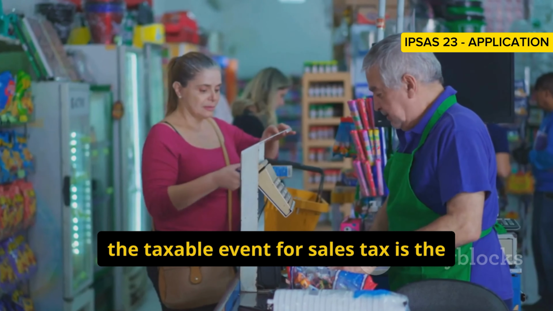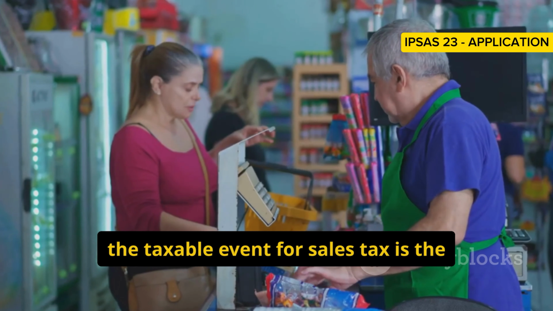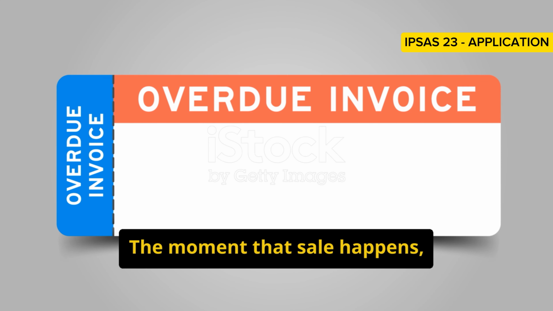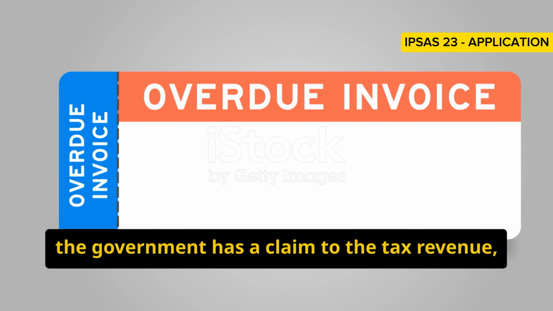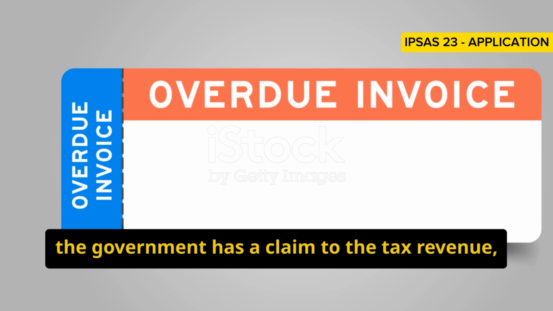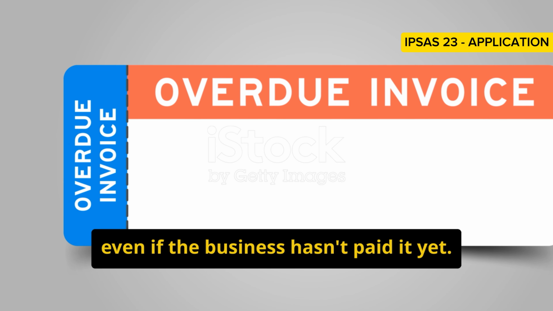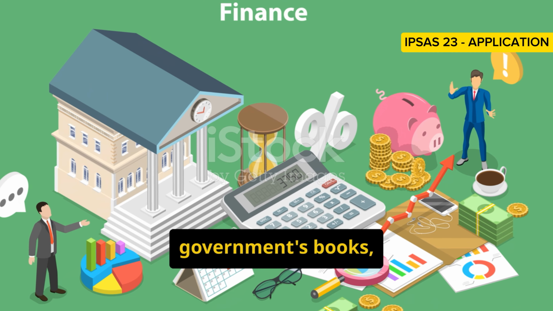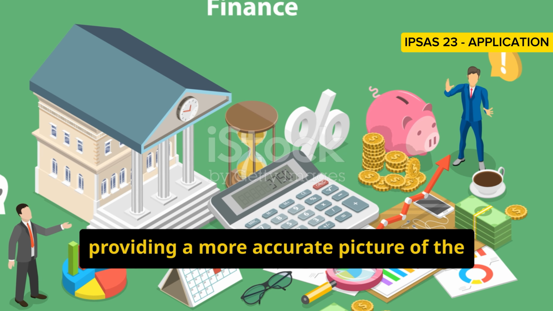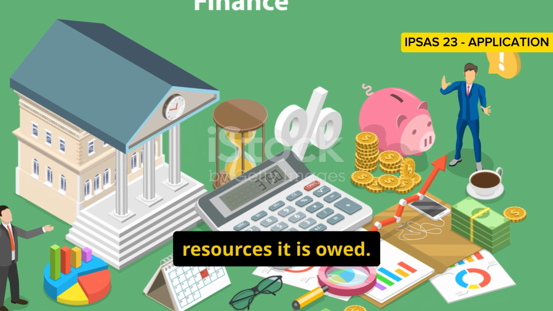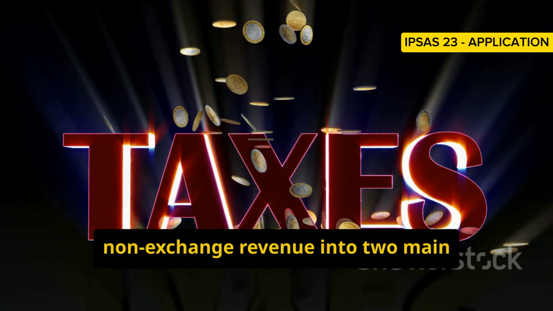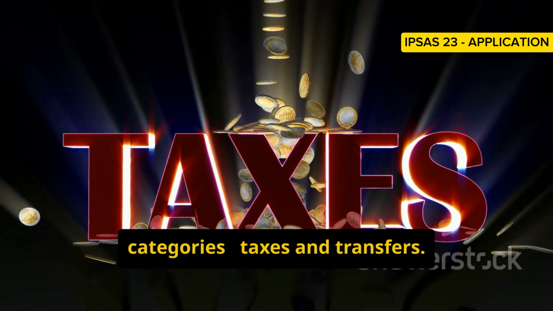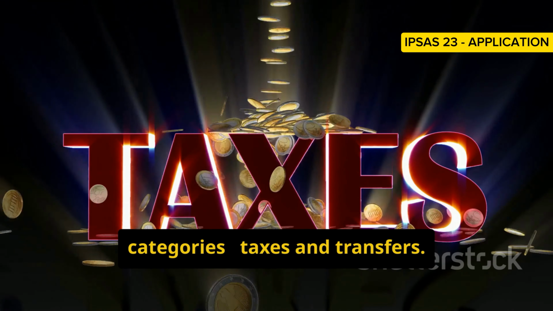For example, the taxable event for sales tax is the sale of goods. The moment that sale happens, the government has a claim to the tax revenue, even if the business hasn't paid it yet. This creates a receivable on the government's books, providing a more accurate picture of the resources it is owed. The standard further breaks down non-exchange revenue into two main categories: taxes and transfers.